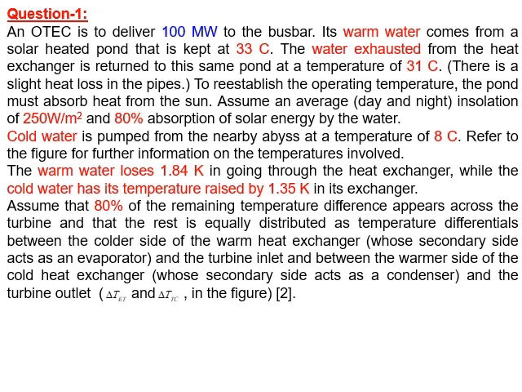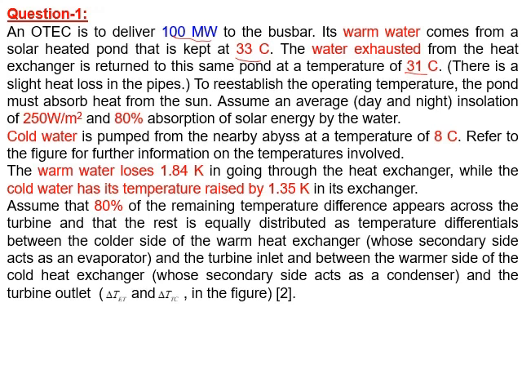Now, an OTEC plant is to deliver 100 megawatts to the bus bar. This is the final output. And warm water comes from a solar heated pond that is kept at 33 Celsius. The water exhausted from the heat exchanger is returned to this same pond at a temperature of 31, so we lose around 2 degrees.